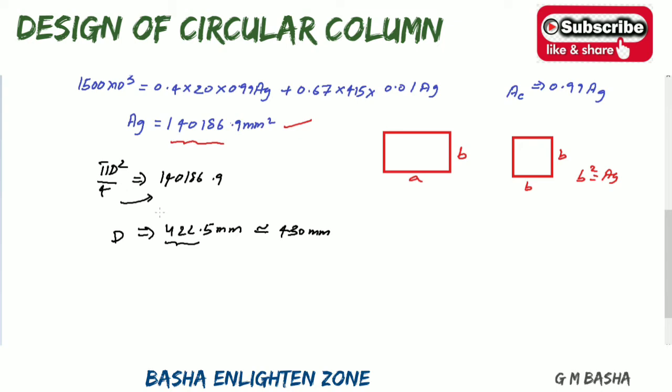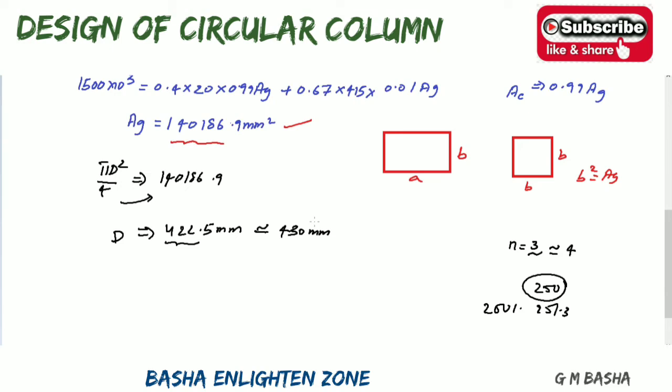Therefore you round up to the next value, like after calculating the number of bars equal to 3, you can round up to 4 for the minimum bars of a square column, not 2. Like this you go to the next best value, but while keeping spacing you can choose the minimum value. If you get around 251 point something, you can choose 250. So some standard conditions will be there. So it is always better to take 430, which is the next higher value.